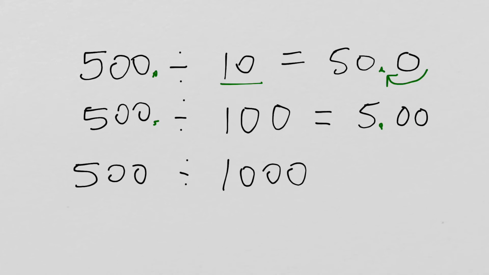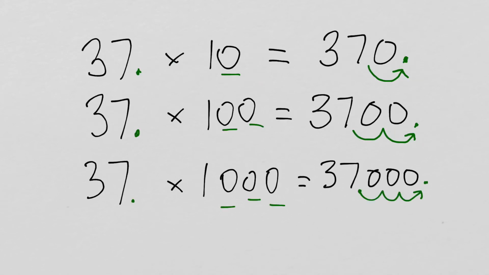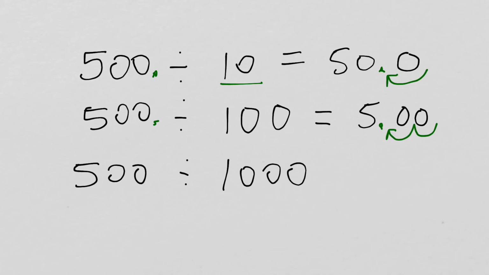How many places did it move? Well, started here, went 1, 2 places left. So the same pattern happens as it does here, but instead of moving right with multiplying, you move left with dividing. And so I know 500 divided by 1,000 is going to move 3 places.